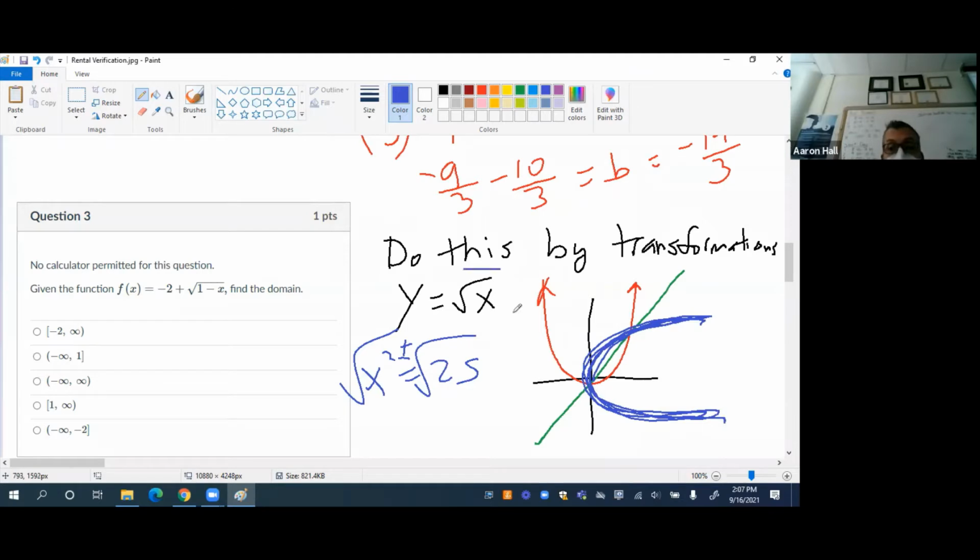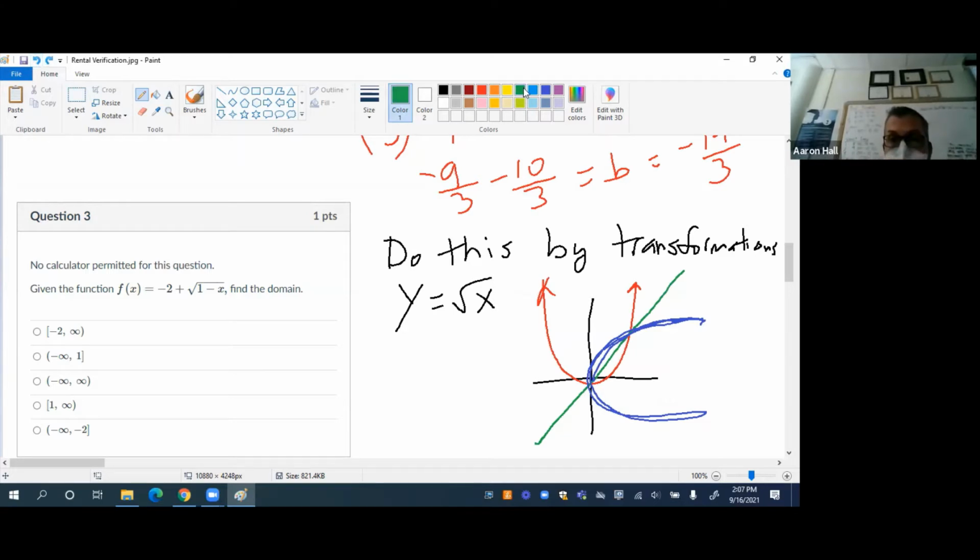Which is the top part or the bottom part? What's this piece here? That's the square root of x, positive, and the bottom part is negative the square root of x. So we have two pieces, and we're just looking at the one piece.